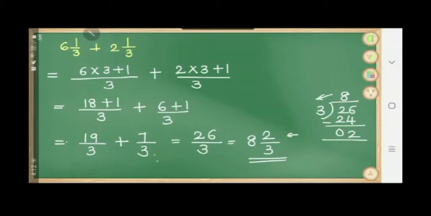You can check your answer again by multiplying, that is, 8 3s are 24 plus 2 is 26 upon 3. So that's your correct answer. Now let's go on to solve some more examples where the denominators might be different.